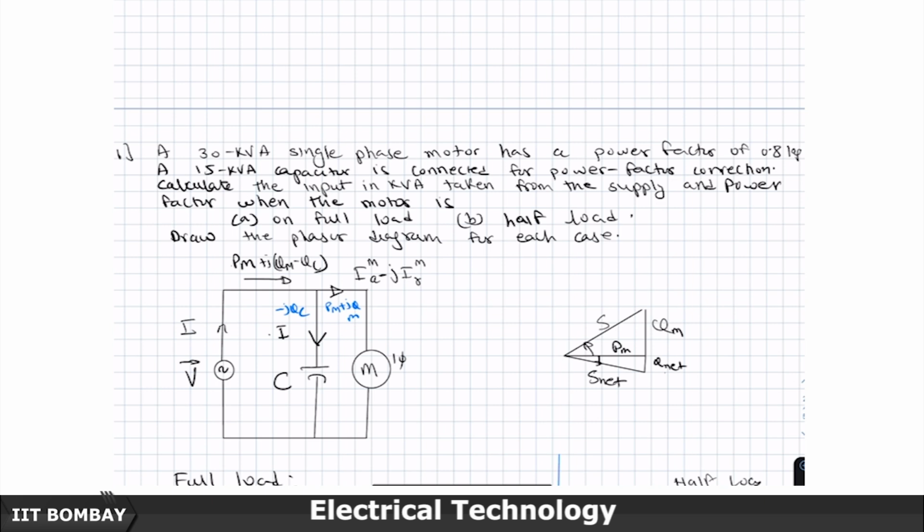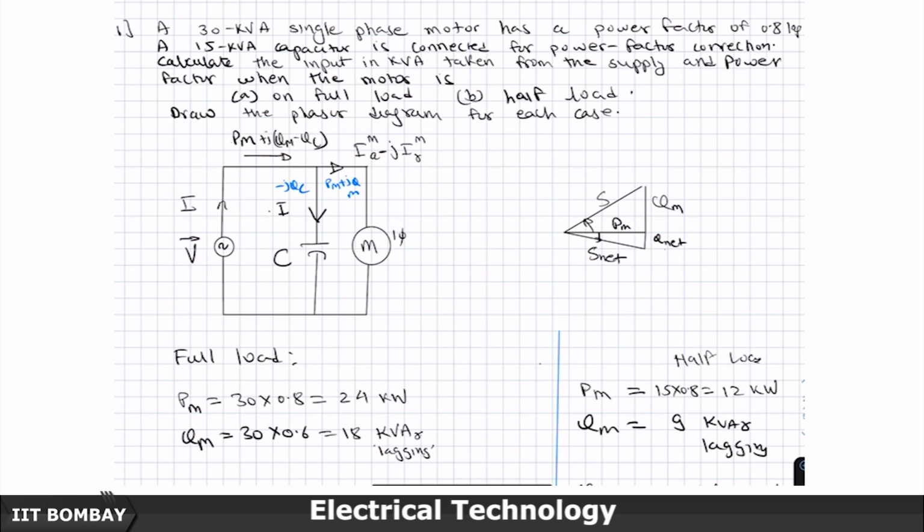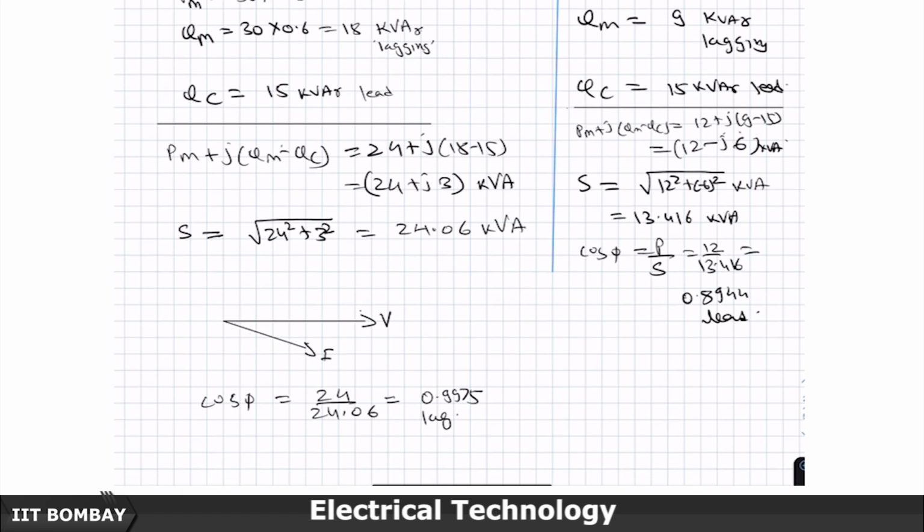We can only sketch in this particular case, because the supply voltage is not given to us. If you take that as 230 volts, then everything is straightforward, but I will just indicate to you, and this is the capacitance value. So, that should be shown here, and this is the I net value.